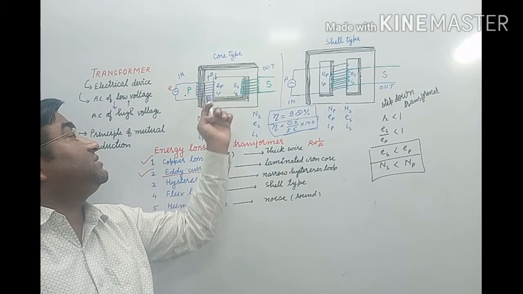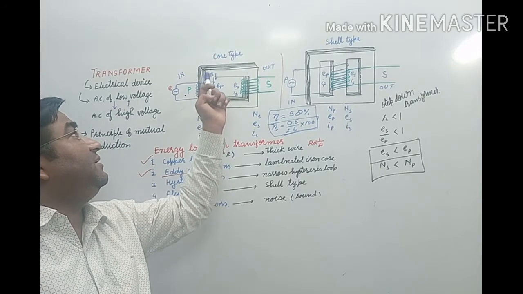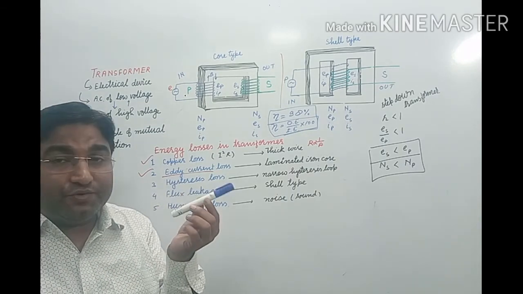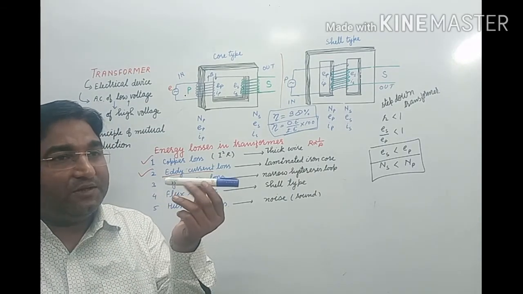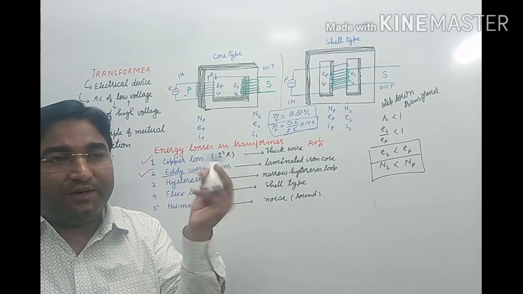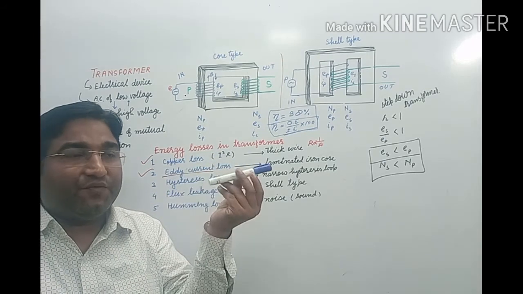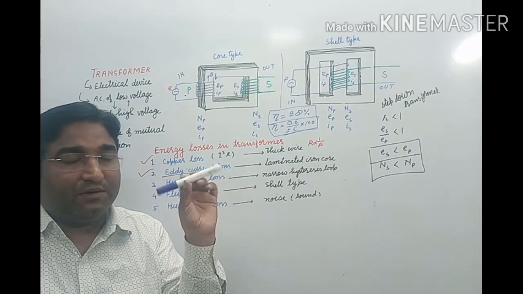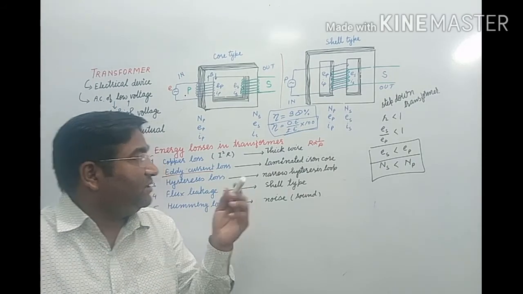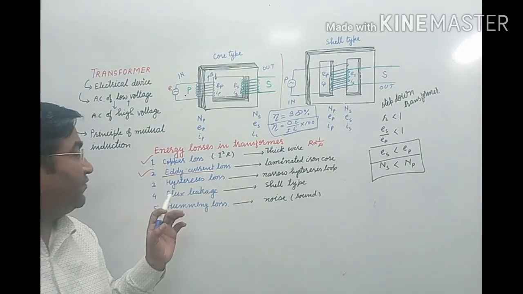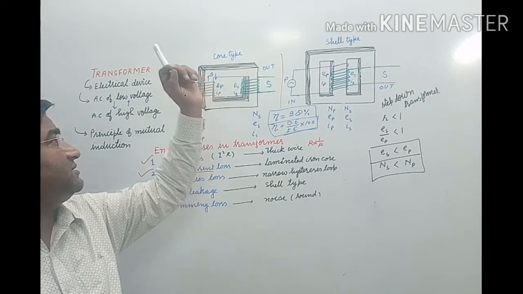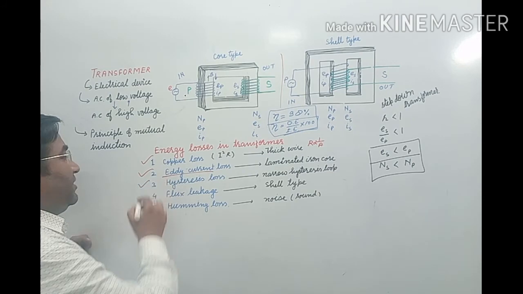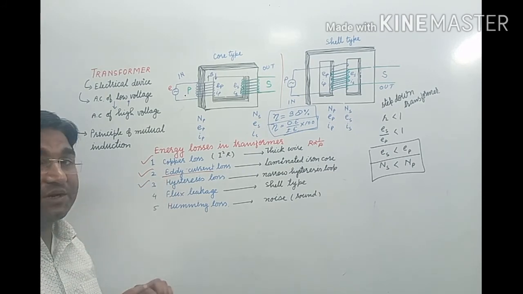Due to the change in current, a magnetic field is set up, so the atomic magnets rotate in each cycle. During this rotation they require some energy, and that energy is given by this current. So some energy is lost during hysteresis, meaning rotation of atomic magnets.